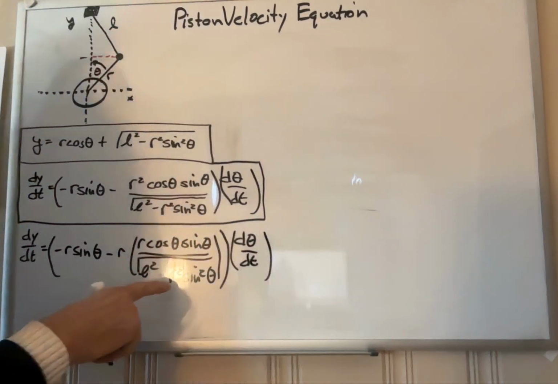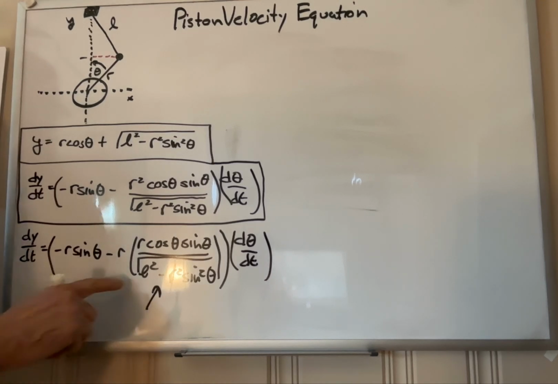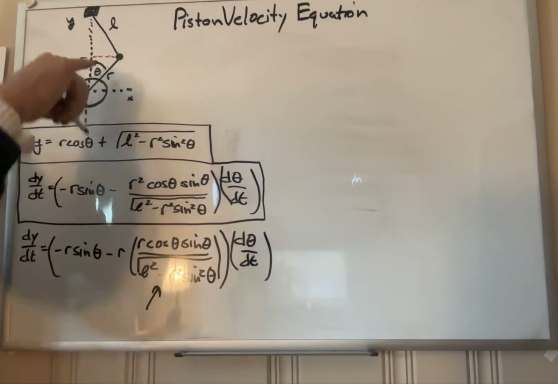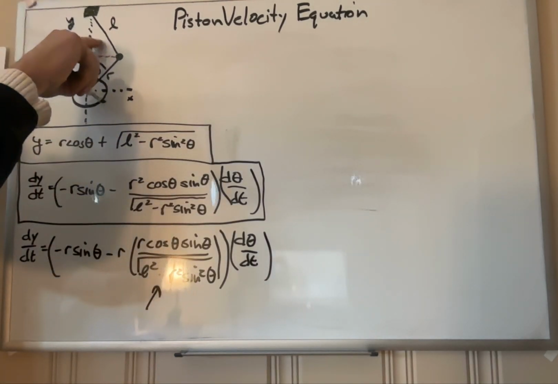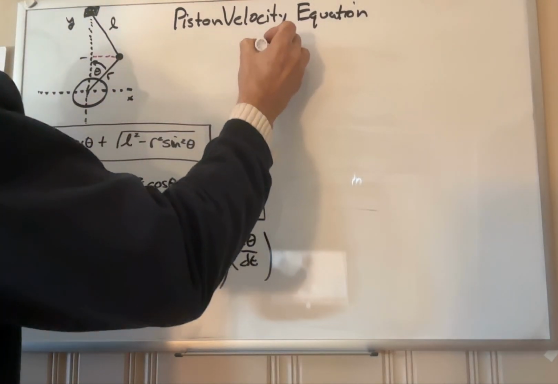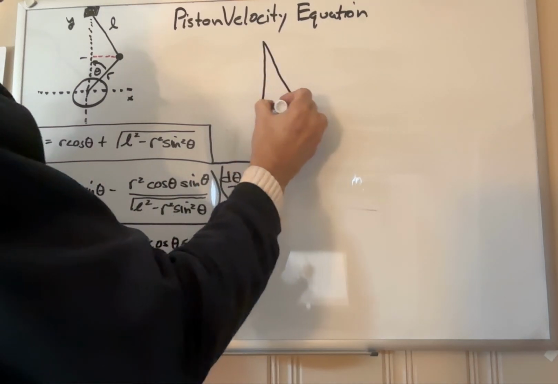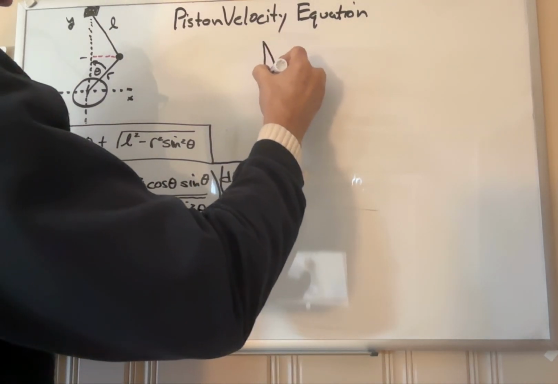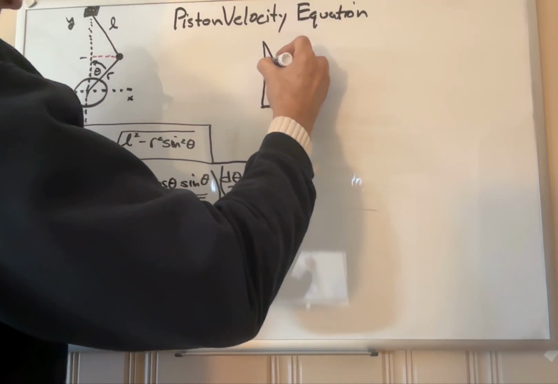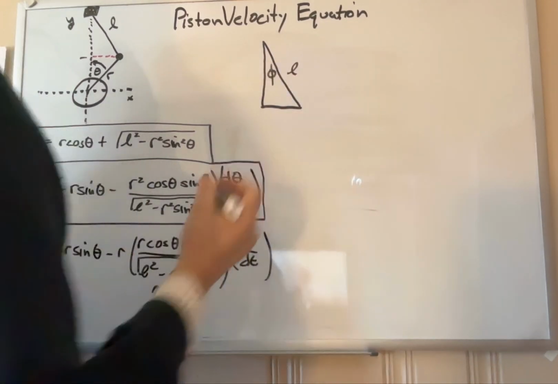This thing here is actually an interesting little equation. Let's look at this triangle again, only this time we're going to look at this particular angle, and we're going to call it phi. So we know this side is L, right?